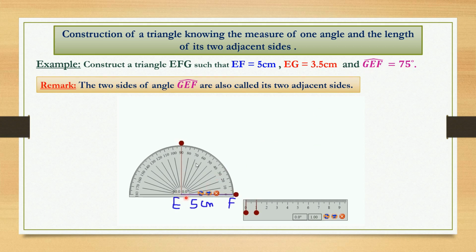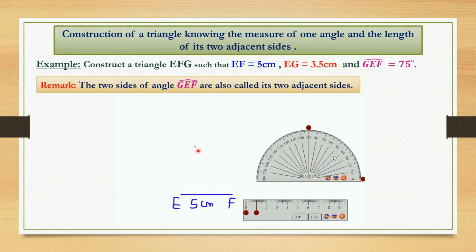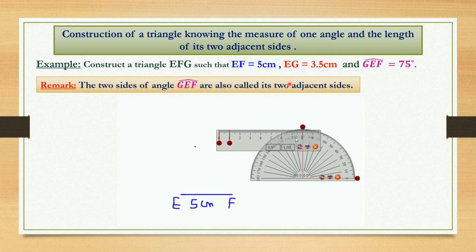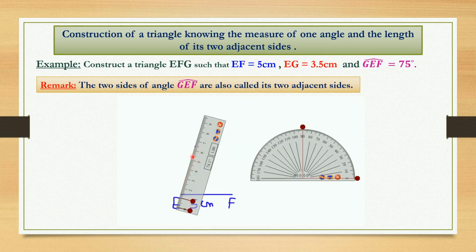So I place the center of my protractor on EF and I count from the 0 to the right until I reach 75 degrees. But here, since I need to find the third vertex G, and I know that EG is the second side of this angle GEF, instead of drawing a semiline with a random length, I draw directly EG equals 3.5 centimeters.